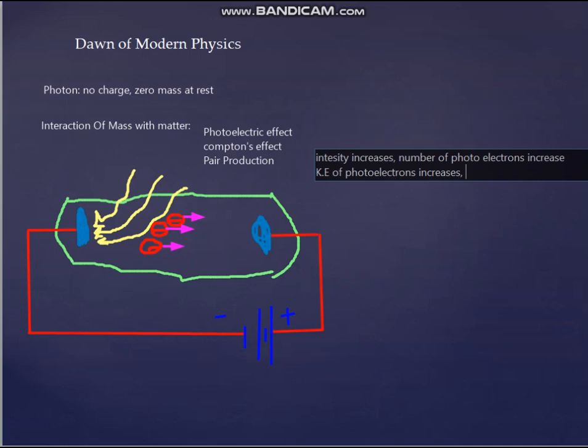When we increase the frequency of light, what's the frequency? Like waves per second, that's called frequency: the number of waves per unit time. So when that increases, this in turn would increase the kinetic energy of photoelectrons.